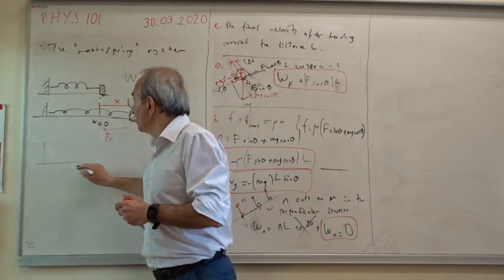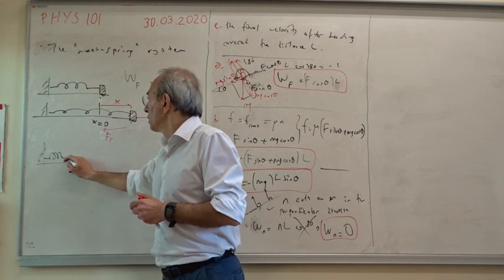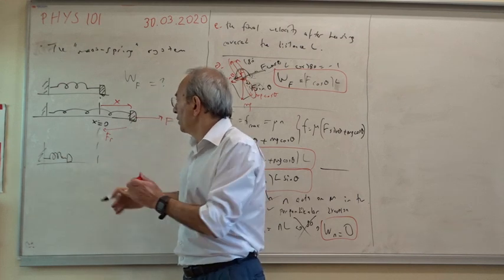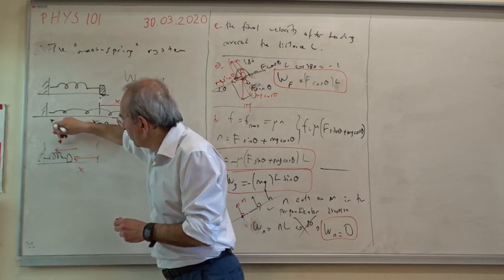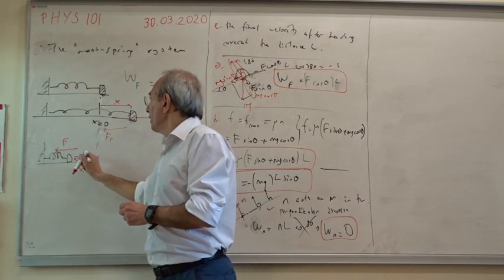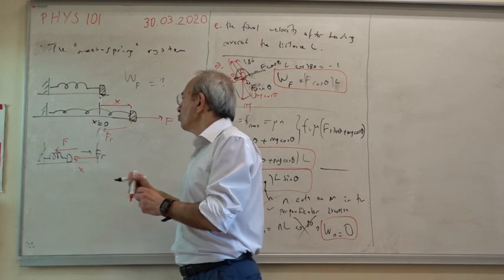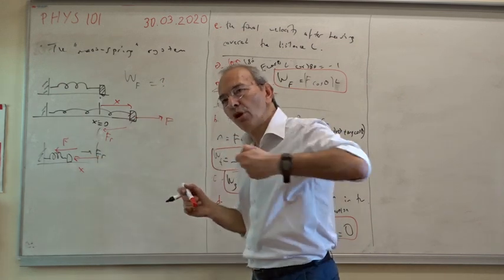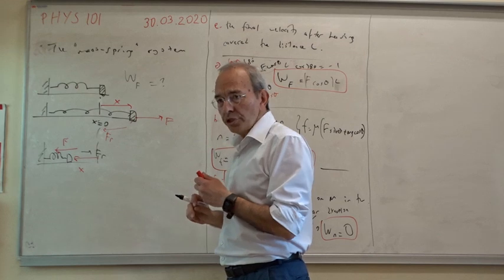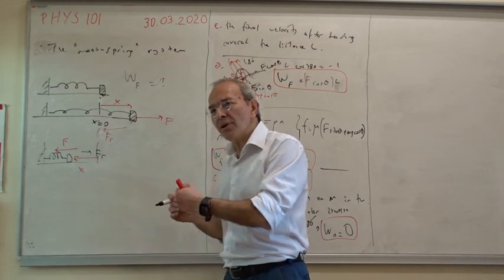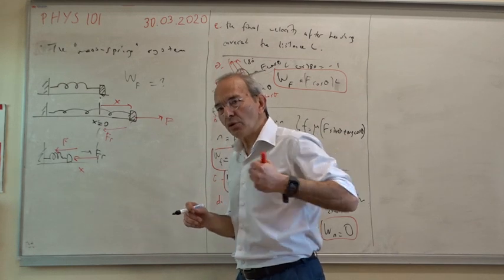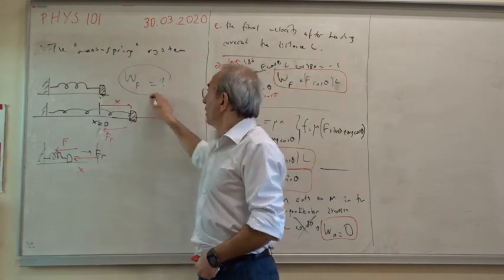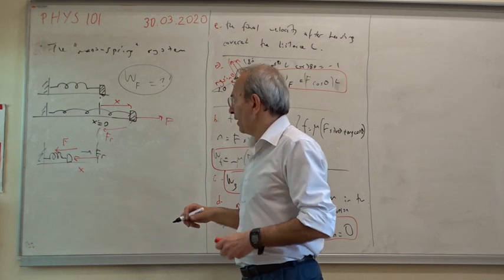Or if you want to compress it by this distance x, and again you should apply a force F, but in the opposite sense there is a restoring force that tries to take the block to the unstretched position. In either case, we do some work in doing these operations, in stretching it or compressing it. What is the work done in this process?